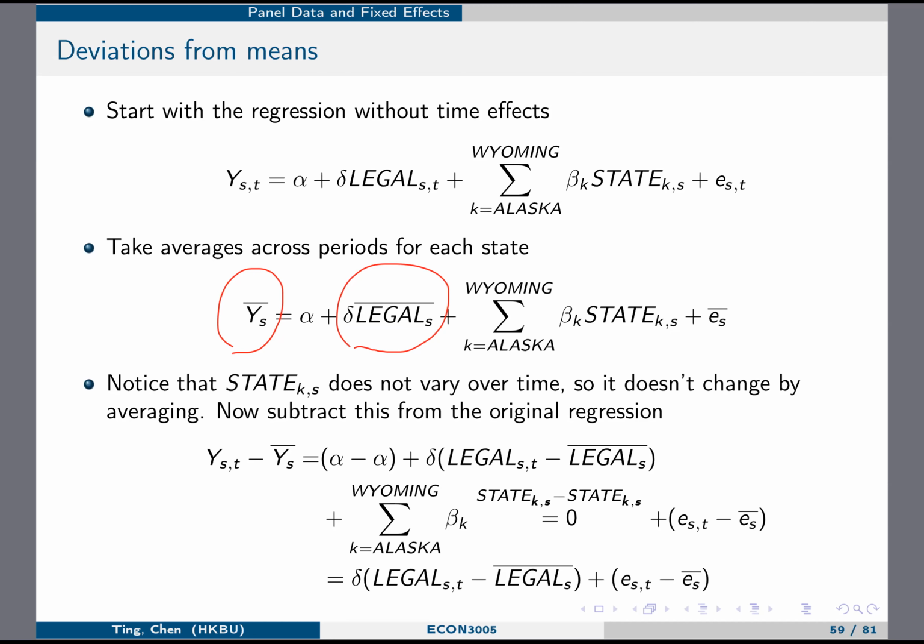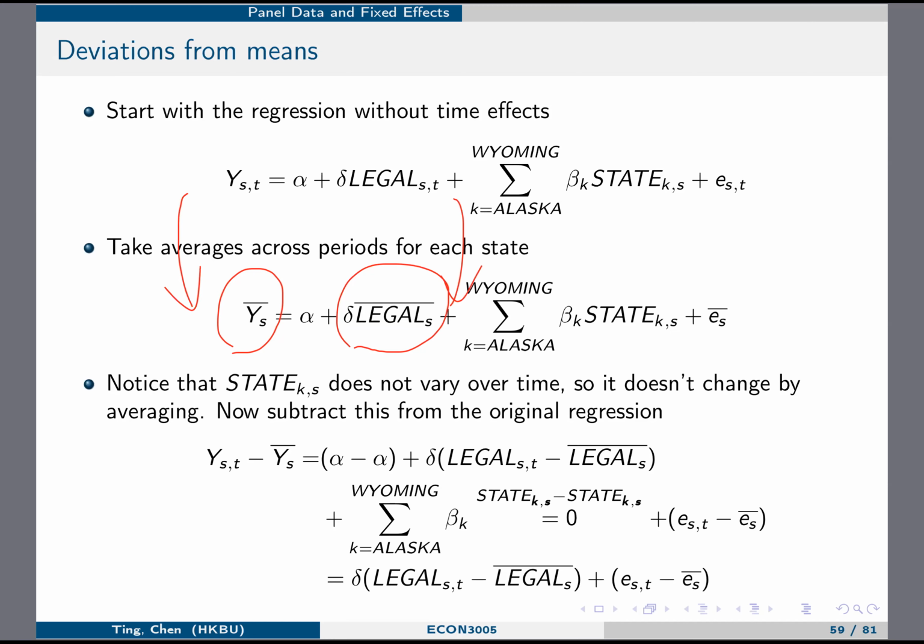Notice that now the state dummy does not vary over time, so it doesn't change by averaging. Now subtract this from the original regression. We have two regressions, right? And we can subtract them, the right-hand side and the left-hand side.